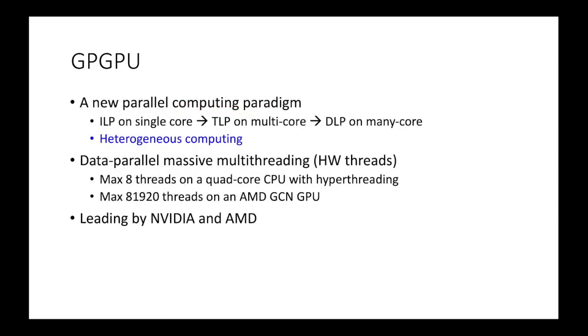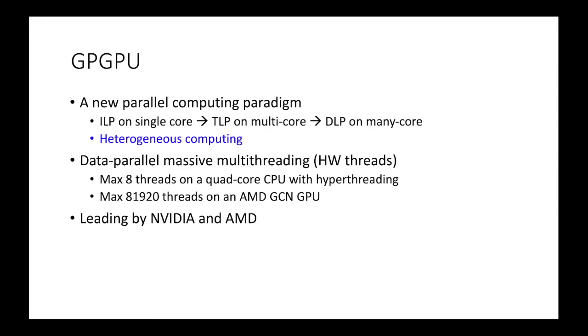GPU computing tries to exploit all three levels of parallelism: ILP on a single core, TLP on multi-core CPUs, and DLP on many-core GPUs. So it's called heterogeneous computing. On GPUs, a massive number of threads run simultaneously.